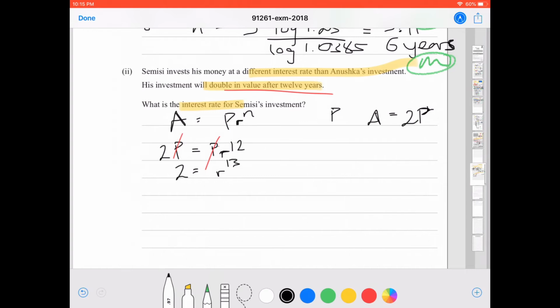Sorry, why did I write 13? R to the power of 12. At this point, we're trying to solve for R. We can take the 12th root of 2, and it sounds pretty absurd, but that's what we're going to do. 12th root of 2 is going to be 1.05946.